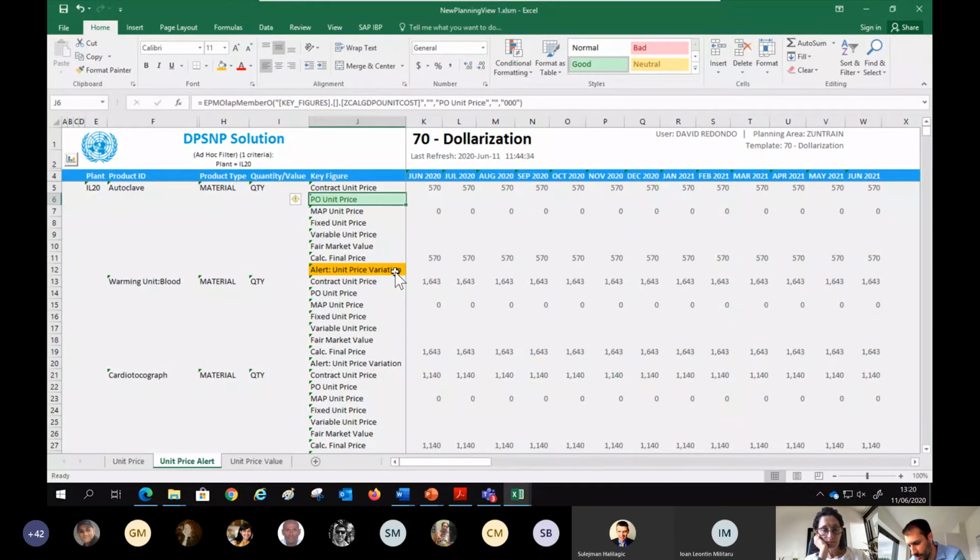So will the system, Dinesha, still consider fair market value as the calculated final price, right? Yes, it is. So maybe that's a point to discuss offline, whether it's the best approach or not, because it's more for the business. It's a business discussion, I guess.